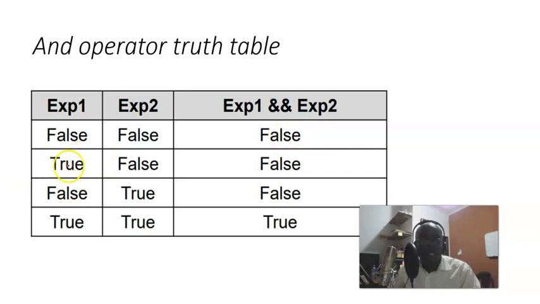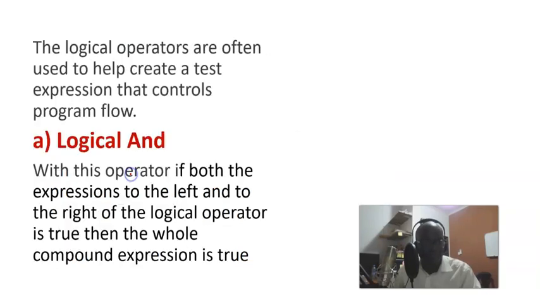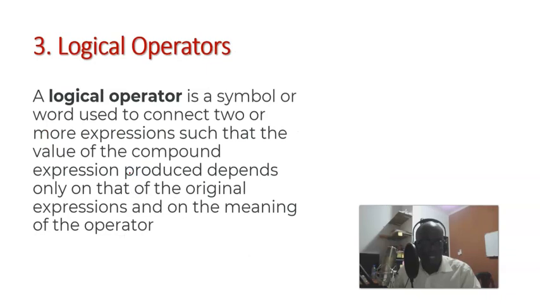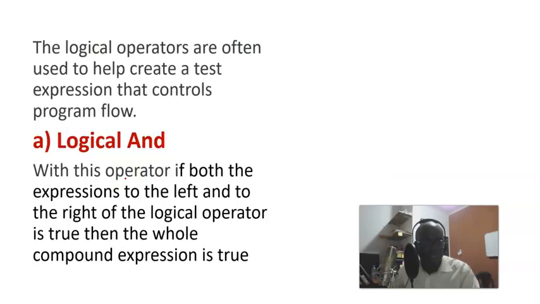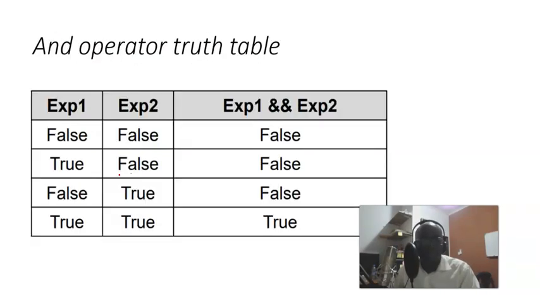Sorry, what we're looking at here is logical and. I thought I was looking at the or operator. Okay, so with the and operator, if you have false, then the end result is false. If one is true and the other one is false, the end result will be false. If one is false and the other one is true, it's false. If both are true, then the end result is true.